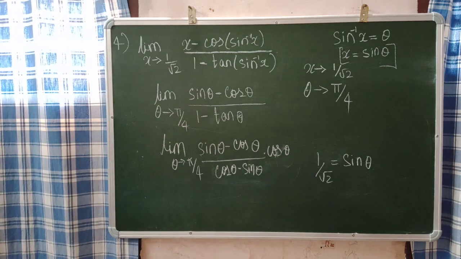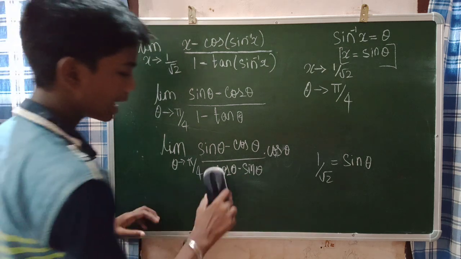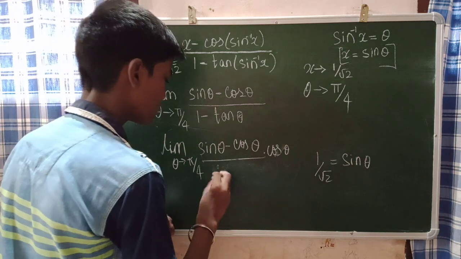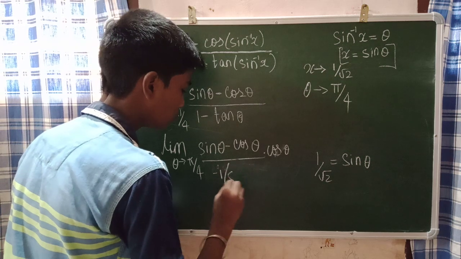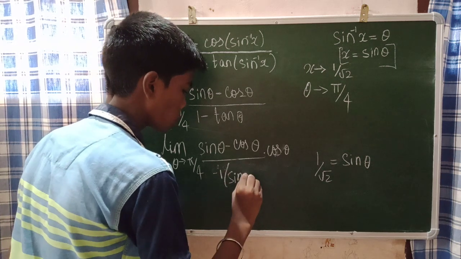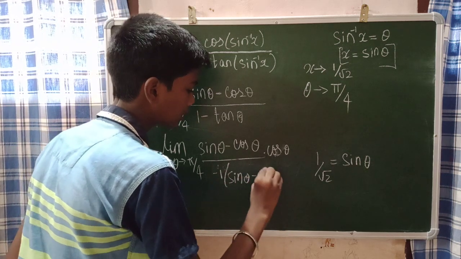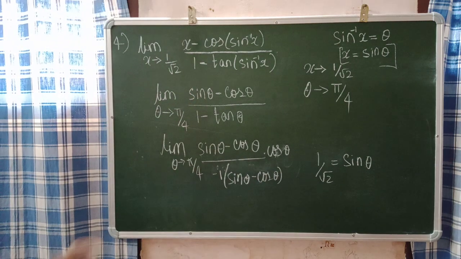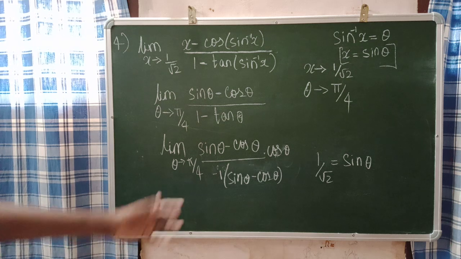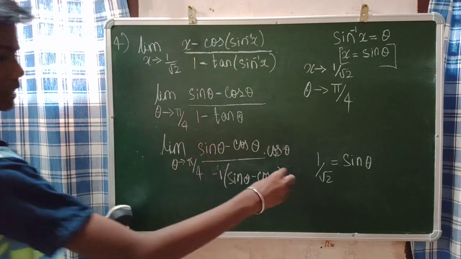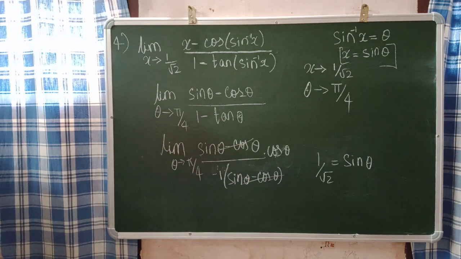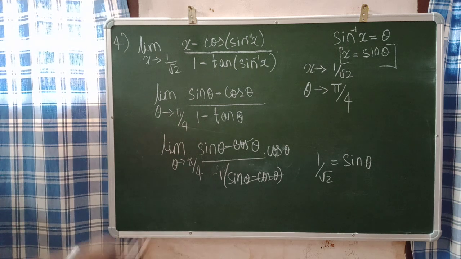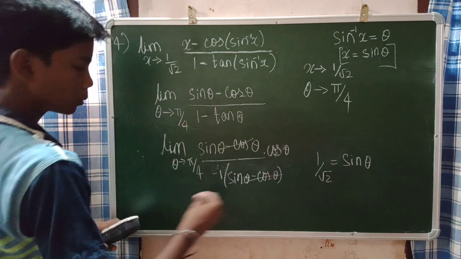That is minus 1. How? It's very simple. I can write this cos theta minus sin theta as minus 1 into sin theta minus cos theta. Correct now? Anyway, we'll be getting sin theta minus cos theta, so this term will get cancelled guys. These are all basic things, factorization. So that's why I'm saying 1 by minus 1 is minus 1 only.